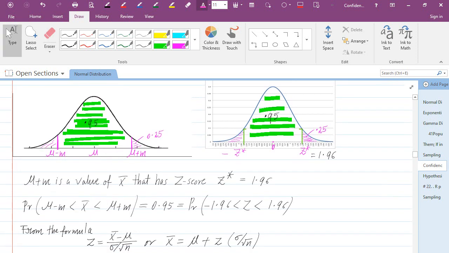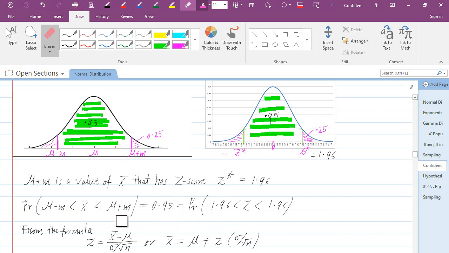We want to find m so that the probability that x bar is m units from the population mean is 95%, and we just found out that the probability that the z-score is between negative 1.96 and positive 1.96 is also 95%.